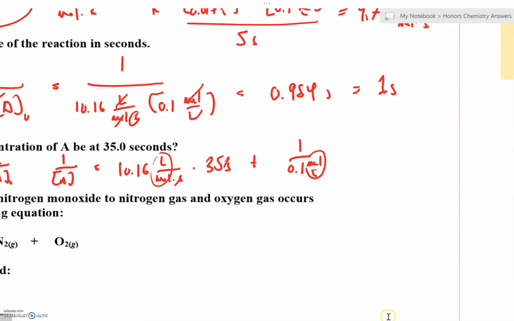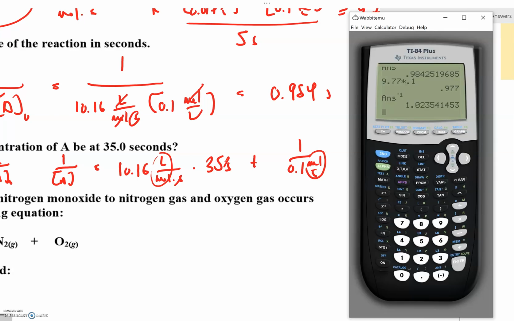So let's take our calculator and we'll say 10.16 times 35. This is going to be 355.6. We're going to add to this the inverse of 0.1, which you should know is 10, but we're going to do it by the book. 365.6, and that is the inverse of our concentration at 35 seconds.